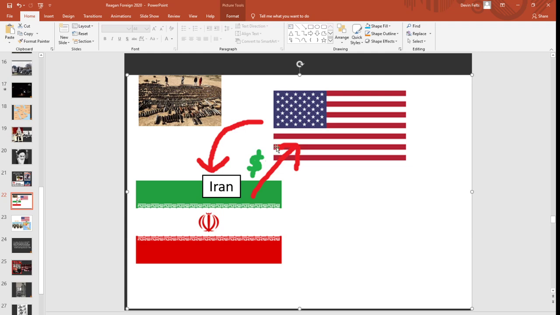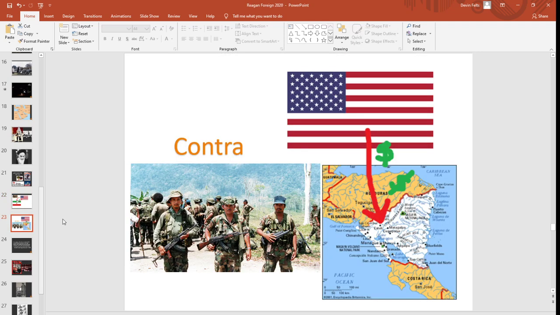The issue is that we have declared Iran to be a terrorist country. So what ends up happening is, because we sell the weapons to Iran, we make money off of this sale, and then we take this money and give it to a Contra group, a group of rebels in Nicaragua.